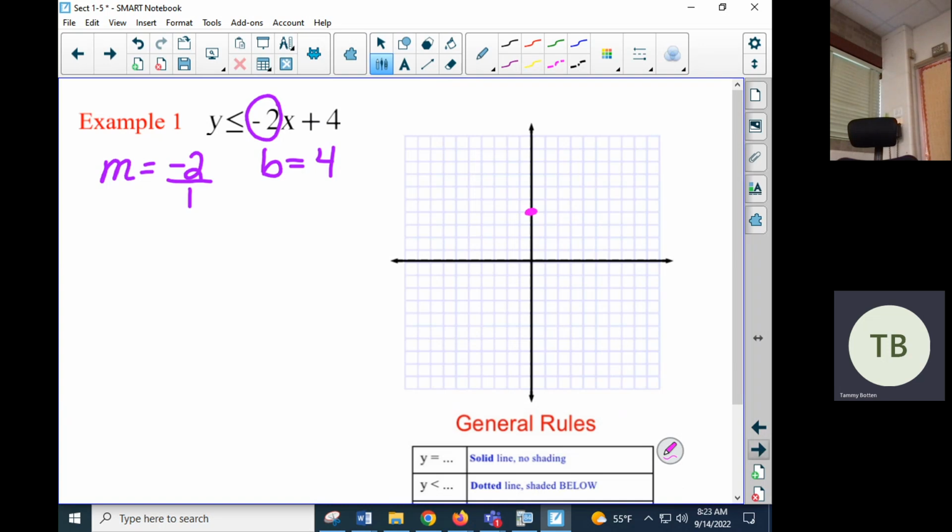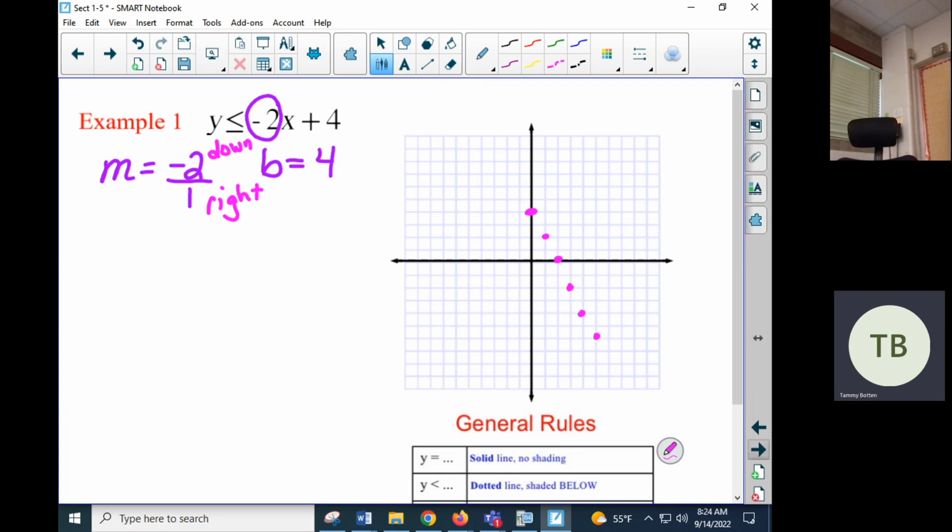Okay, now notice my slope is negative. If it's negative, you're gonna go down. And then the bottom number is always how you go to the right. If it's positive, you go up and to the right. So from this point we're gonna go down to the right 1, down to the right 1, and keep doing that.